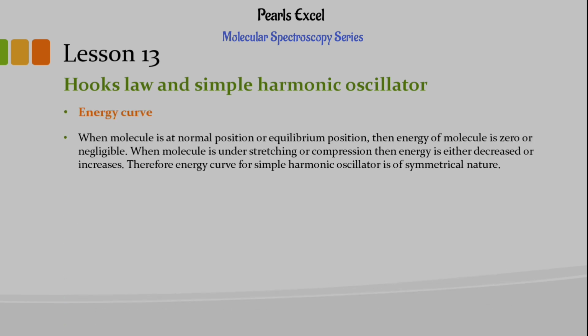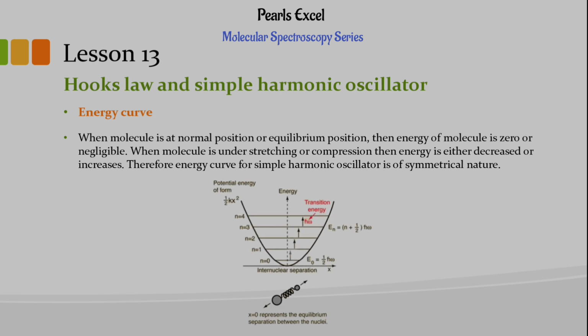When the molecule is at the normal or equilibrium position, the energy of the molecule is zero or negligible. And when the molecule is under stretching or compression, the energy increases. Therefore, the energy curve for a simple harmonic oscillator is symmetrical in nature. Observe this very well in the diagram. Spacing of each energy level is equal.